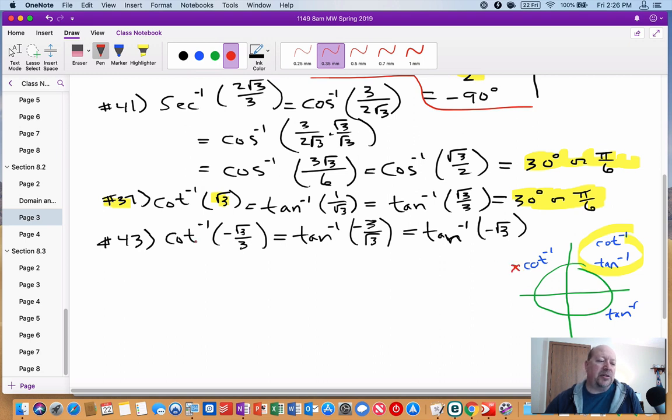So this particular angle should be in the second quadrant is what the inverse cotangent is going to give us back. However, when we switch it to the inverse tangent, since the tangent value is also negative, it's going to give you an angle back in the fourth quadrant.